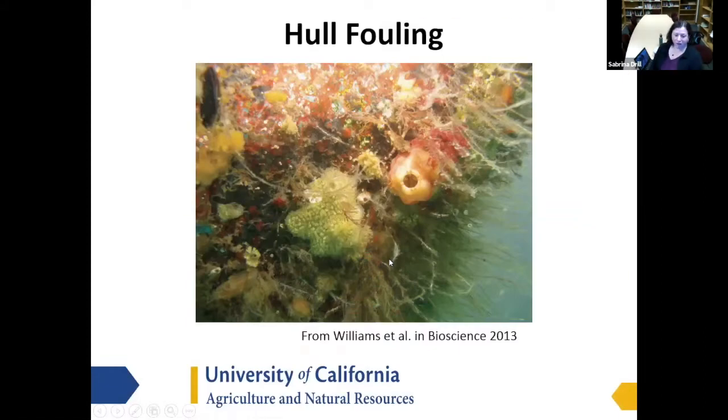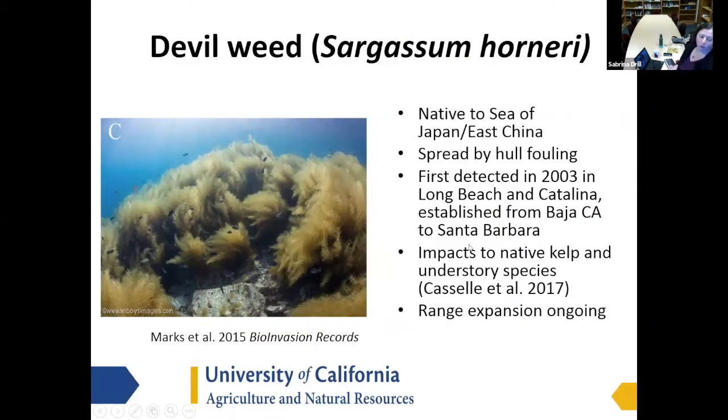Hull fouling is another example that comes in with shipping, basically when you have these encrusting organisms. This is a tunicate here. There's some other algae and other little cnidarians and things right in here, growing on the bottom of ships. And not just big ships, but also boats. One thing that we think probably came in through hull fouling is what we call devil weed, Sargassum horneri.